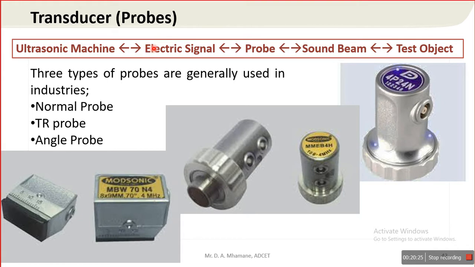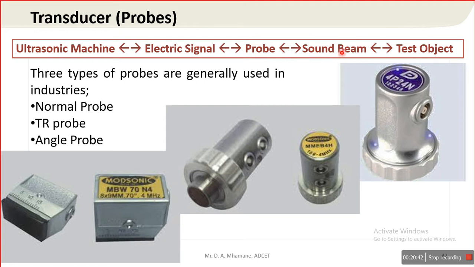So see here, the ultrasonic machine emits an electrical signal, received by the probe, which converts the electrical signal into a mechanical response. That mechanical response is nothing but an ultrasound pulse.